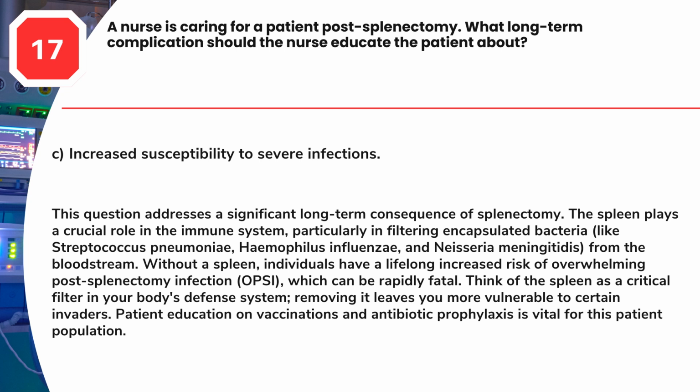Without a spleen, individuals have a lifelong increased risk of overwhelming post-splenectomy infection, OPSI, which can be rapidly fatal. Think of the spleen as a critical filter in your body's defense system. Removing it leaves you more vulnerable to certain invaders. Patient education on vaccinations and antibiotic prophylaxis is vital for this patient population.